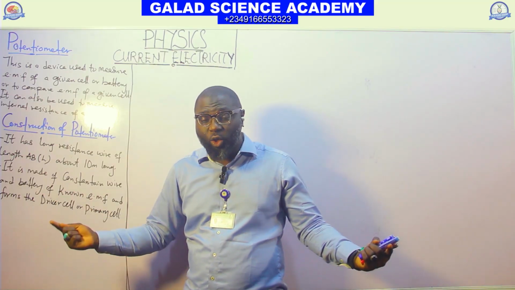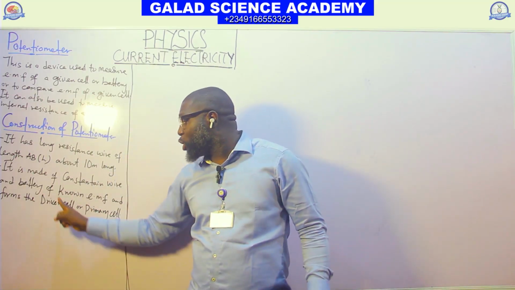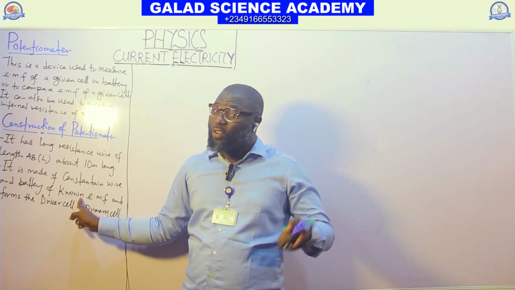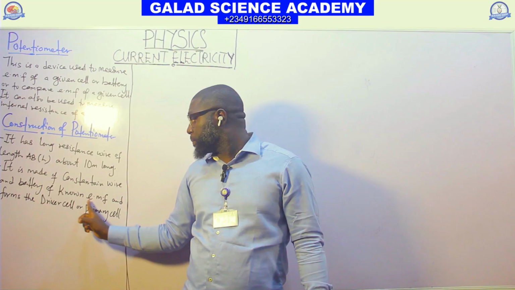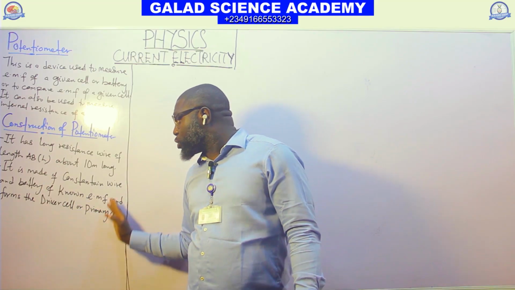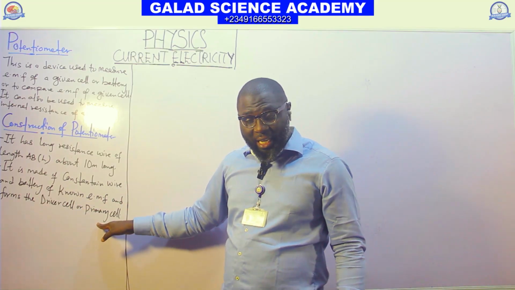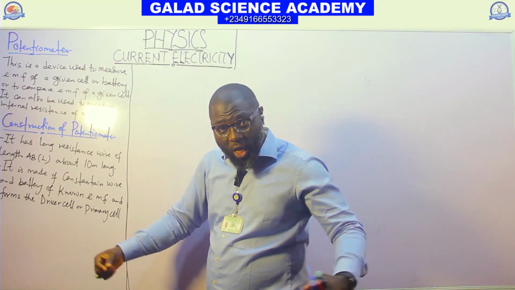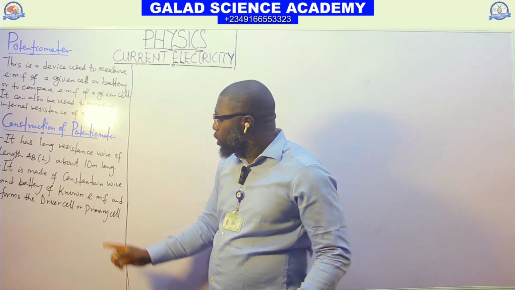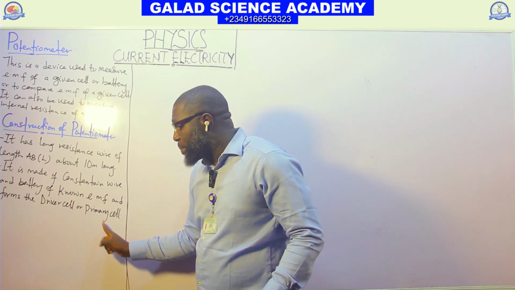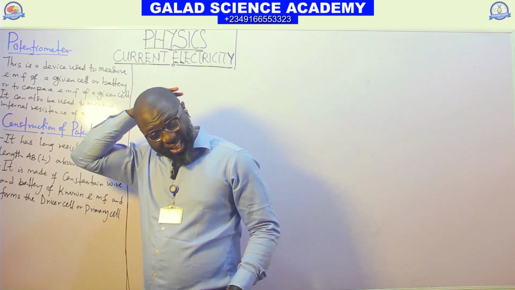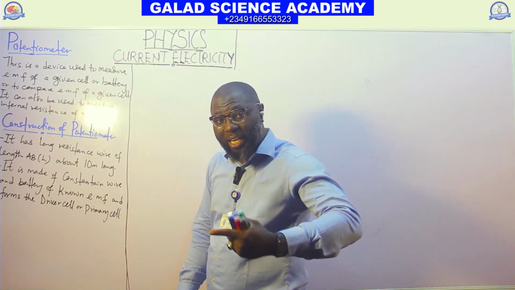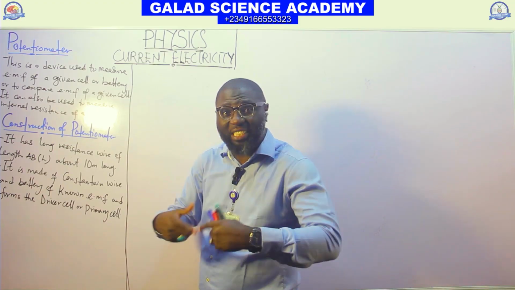We connect the wire to a battery of known EMF. We must know the value of the EMF of the battery. The battery of known EMF, we call it the driver cell or primary cell. And the circuit made by the battery, we call it the driver circuit.